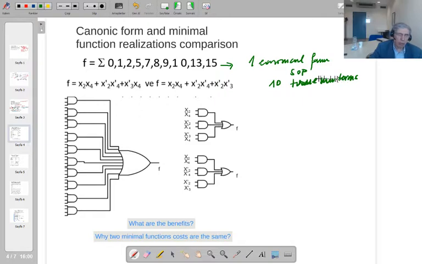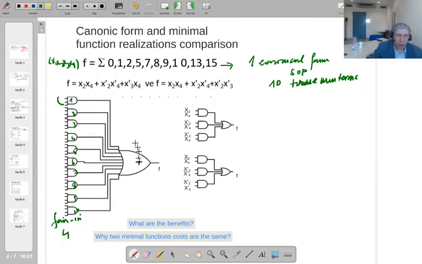Each minterm corresponds to an AND gate. So AND gate 1, 2, 3, 4, 5, 6, 7, 8, 9, 10. The fan-in of these AND gates is going to be 4, because we've got a 4 variable function. This function has got 4 independent variables. So the fan-in of the AND gates is 4.